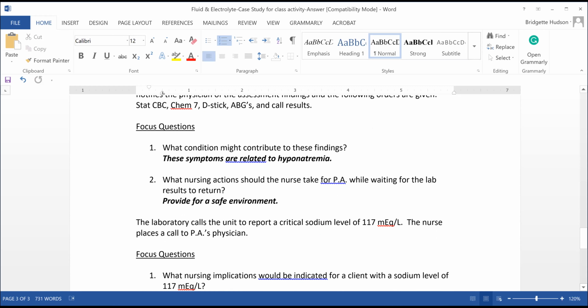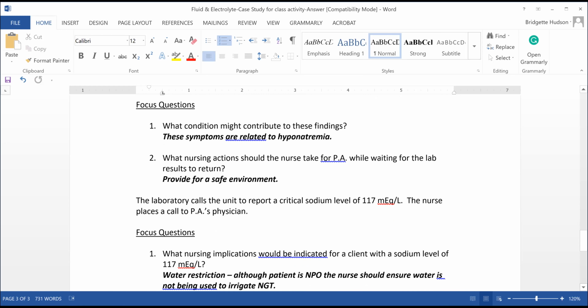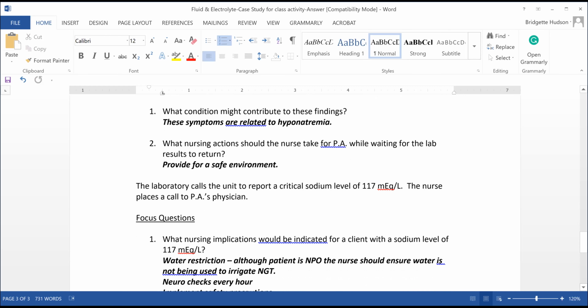Fatigue, more nausea, more vomiting, more cramping. Water restriction. So she's NPO, but we need to make sure we're not even using water in the NG tube. Neuro checks every 4 hours.